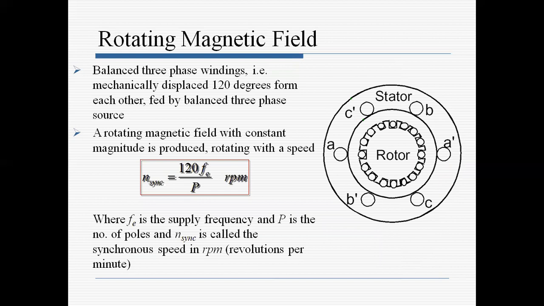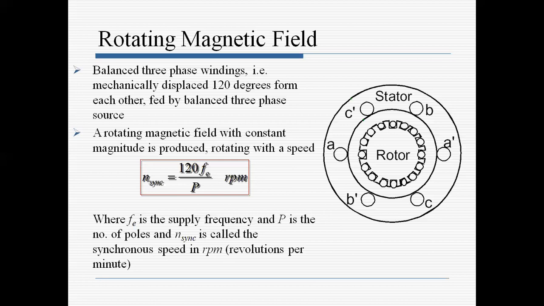The next one, principle. Before going to understand the principle, we should understand the rotating magnetic field. The rotating magnetic field is solely responsible for the rotor rotation. If supply is given to our stator, the outer frame, the rotor is going to rotate.